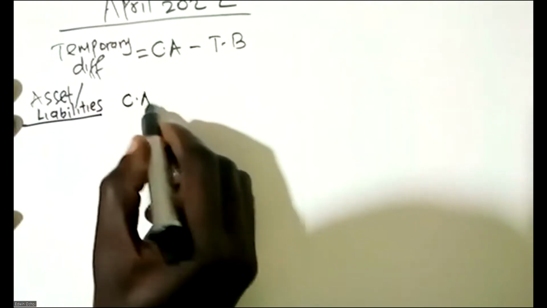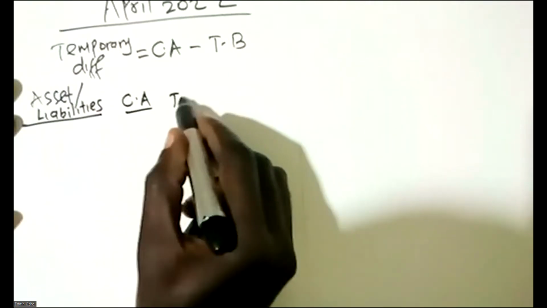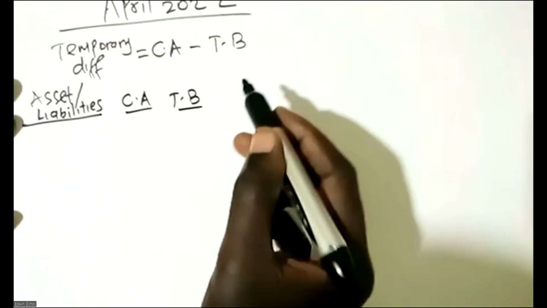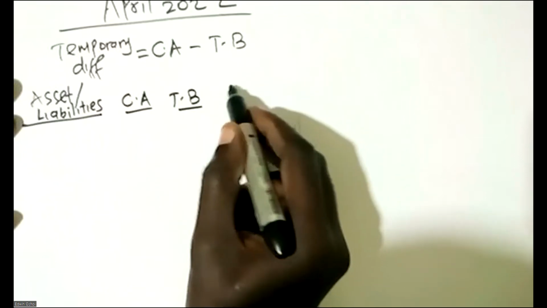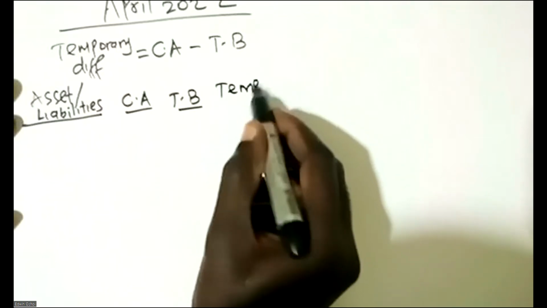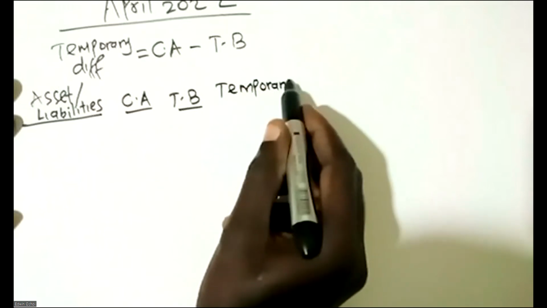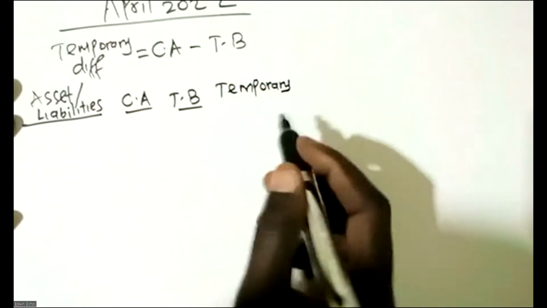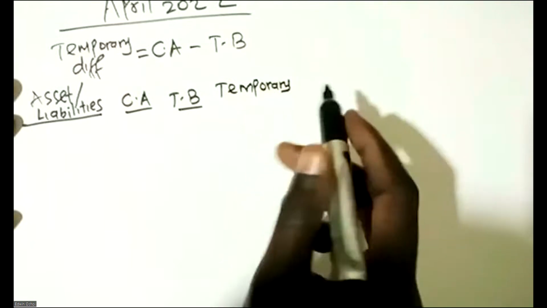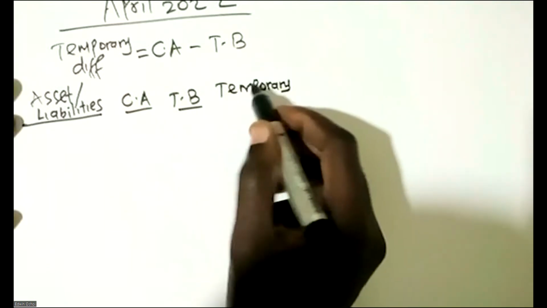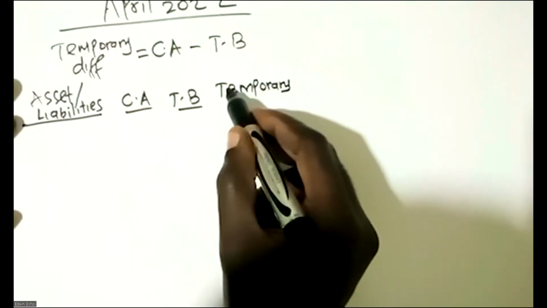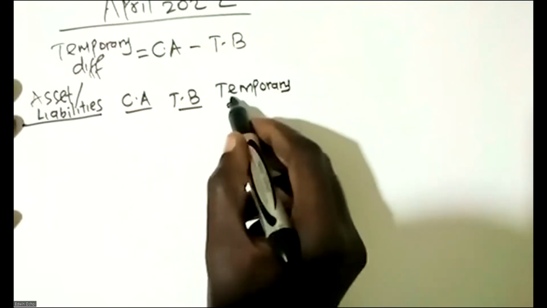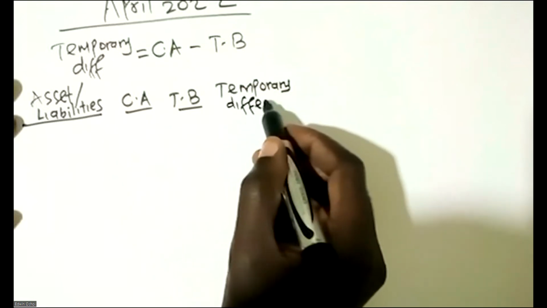I will talk about carrying amount. I will talk about tax base. Carrying amount minus tax base, we get temporal difference. But I was in need of even deferred tax. Anyway, we get temporal difference.